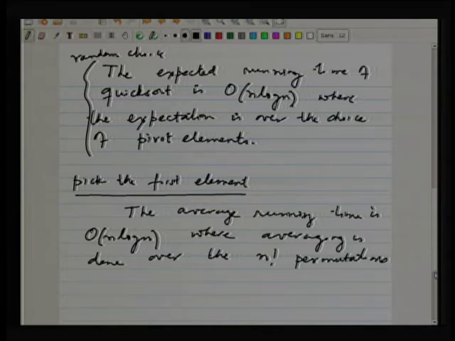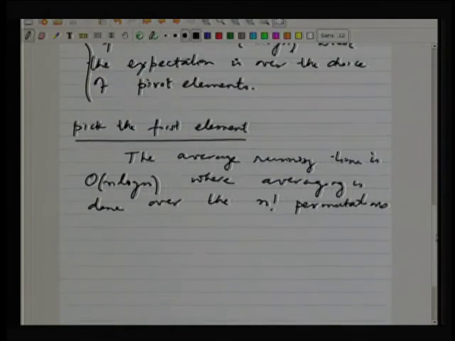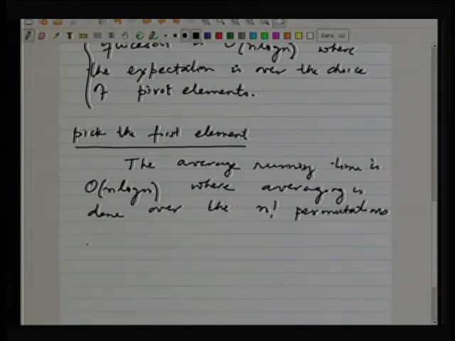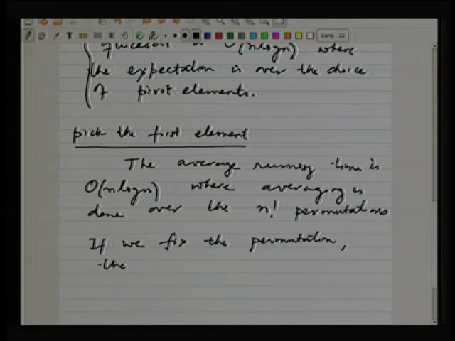What we are basically saying here is that there are n factorial permutations of n elements. If I fix the permutation, it implies that the choices of the pivot elements are fixed.